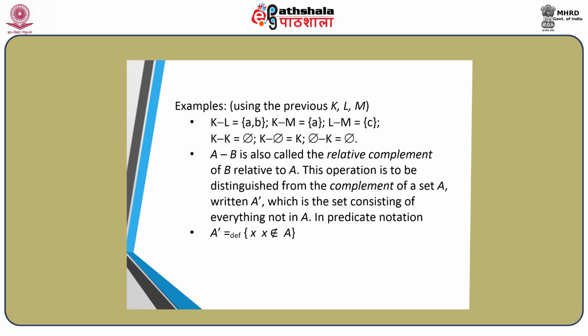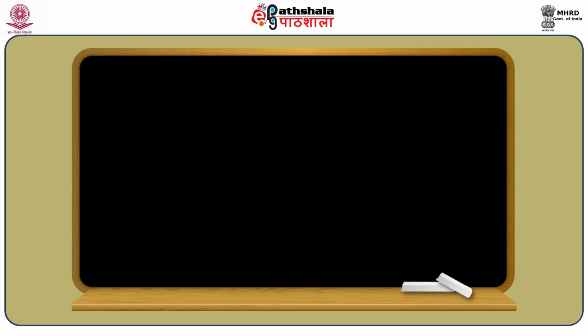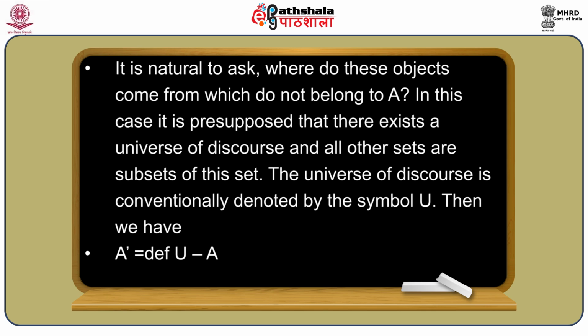A minus B is also called the relative complement of B relative to A. This operation is to be distinguished from the complement of A, which is often written A apostrophe, which is the set consisting of everything not in A. In predicate notation, we say A complement, by definition, is the set of all x's such that x is not in A. It is natural to ask, where do these objects come from which do not belong to A?